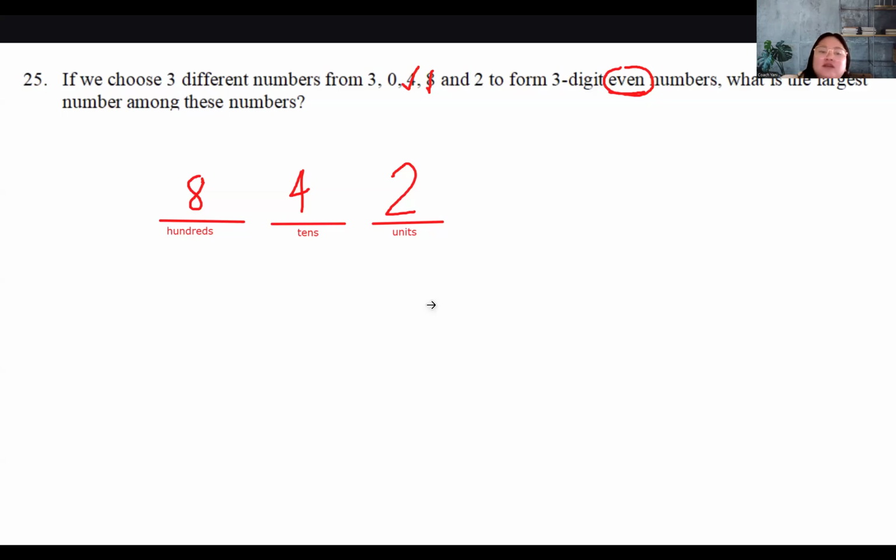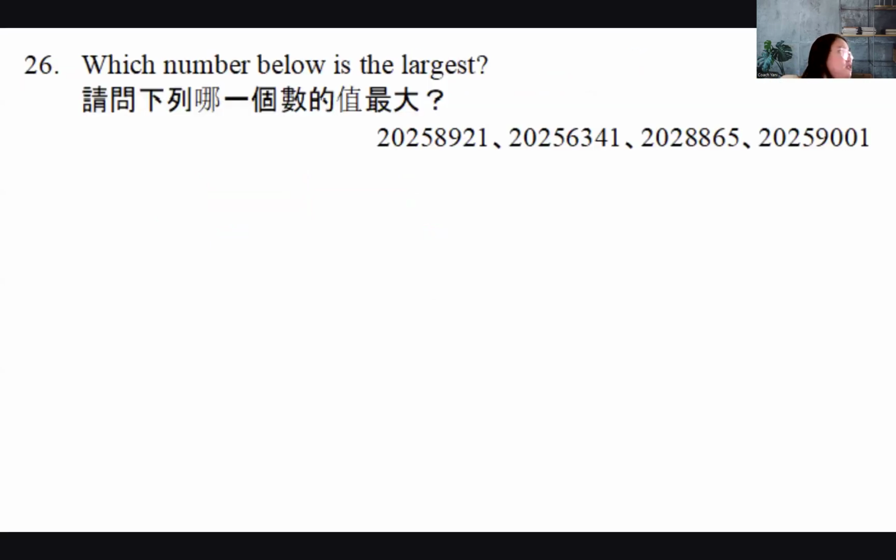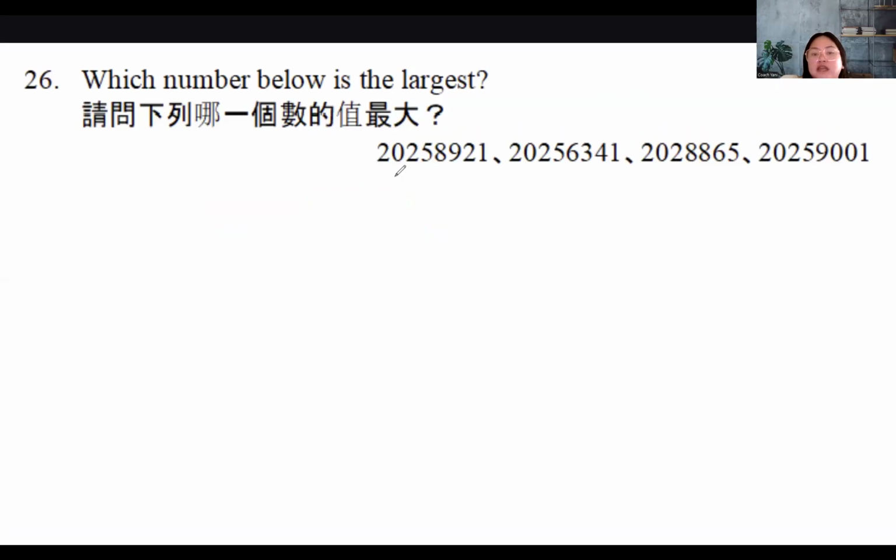Number 26. Which number below is the largest? So the very first thing that you need to do here is to count all the digits in each of the numbers. So this number, this is 8 digit. This number, this is 8 digit. This number is 7 digit. And this number is 8 digit. So since we want the largest number, we want to have the number with the most amount of digits.